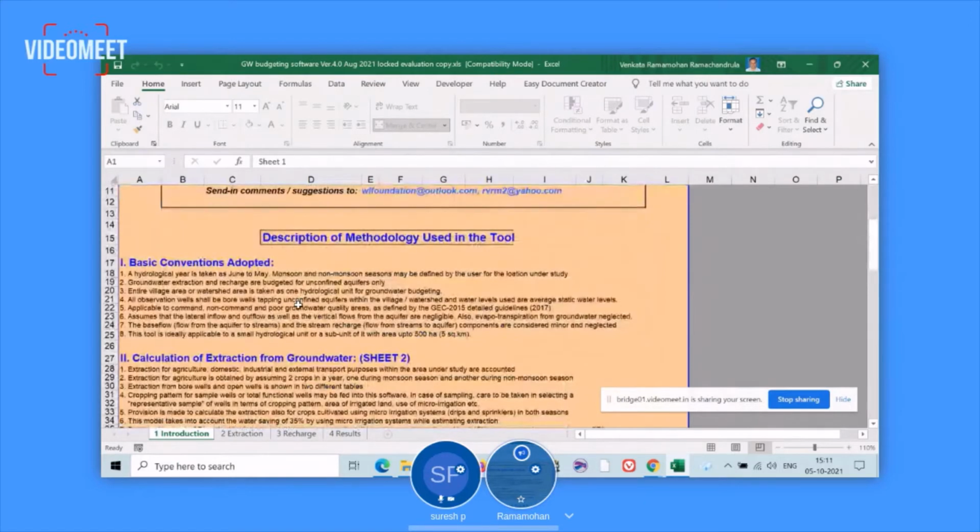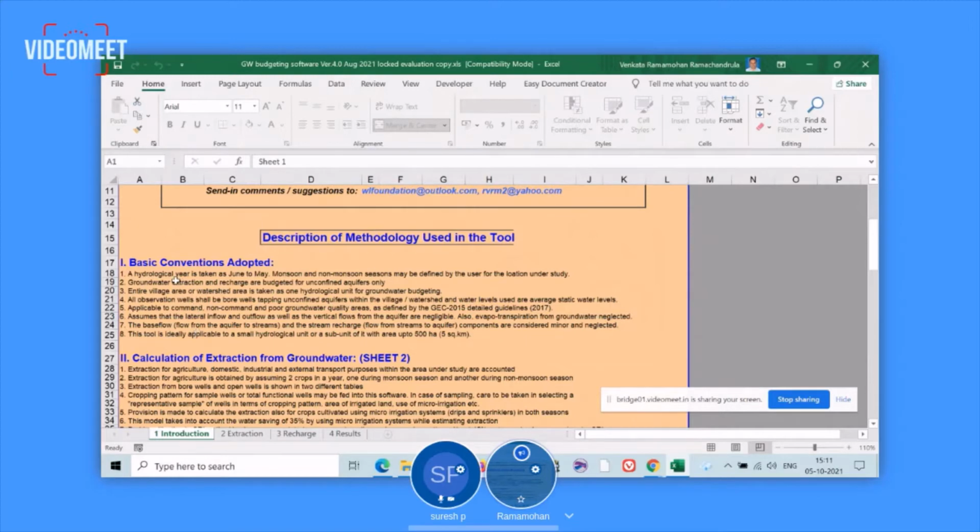And below that, there is a description of the methodology used in the tool. It starts with the basic conventions adopted.